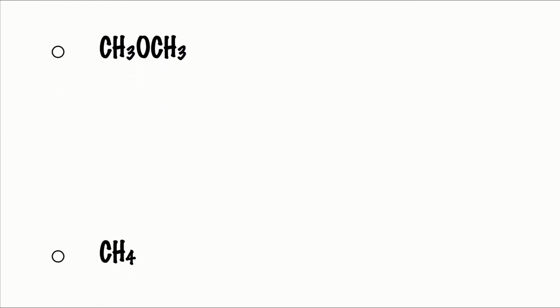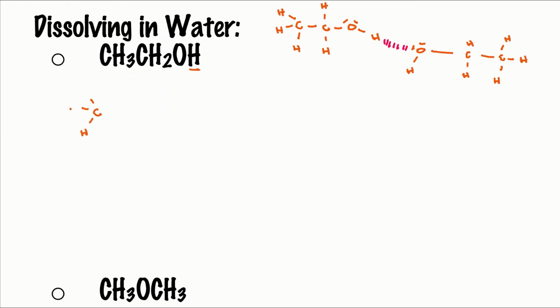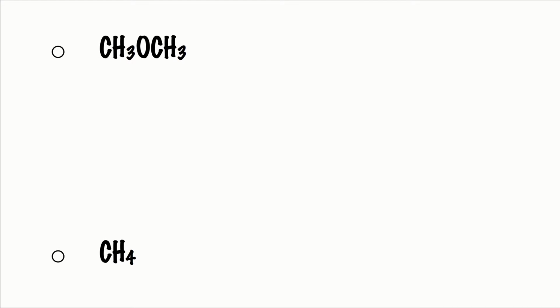Okay, when I draw this molecule out, this is dimethyl ether. Looking at this molecule, it is polar, but notice it does not have any hydrogens bound to its oxygen.